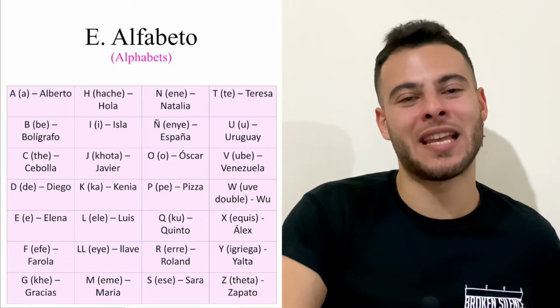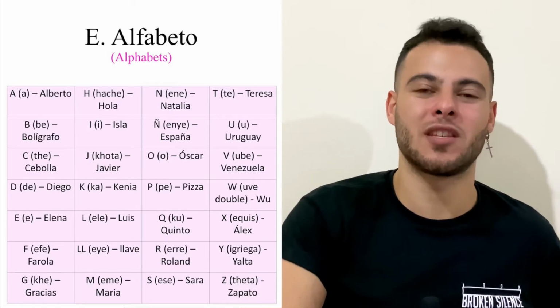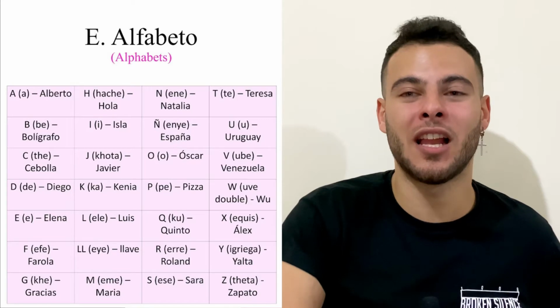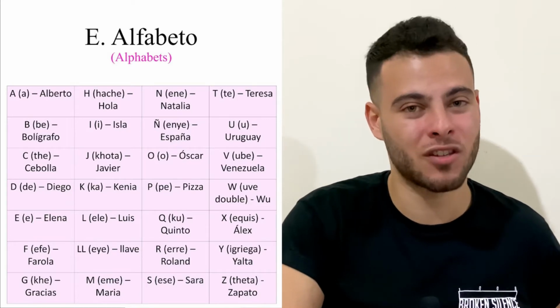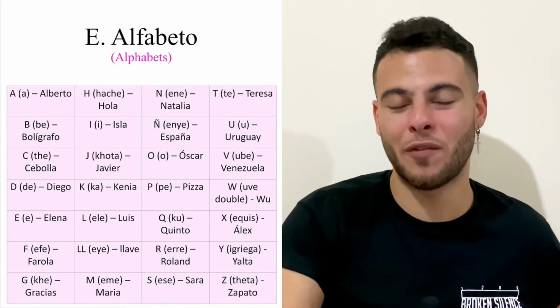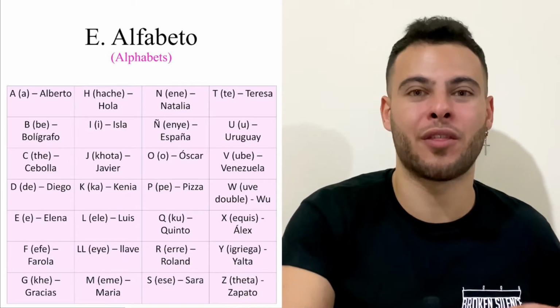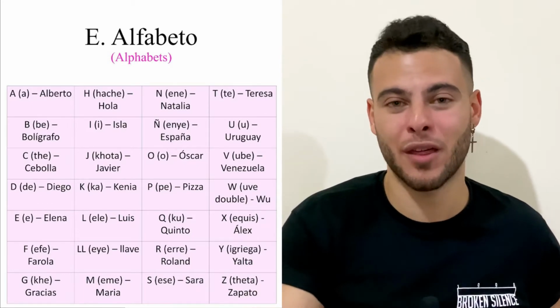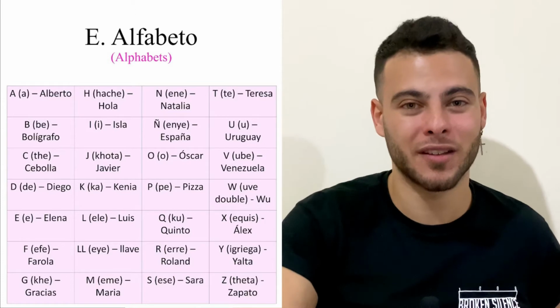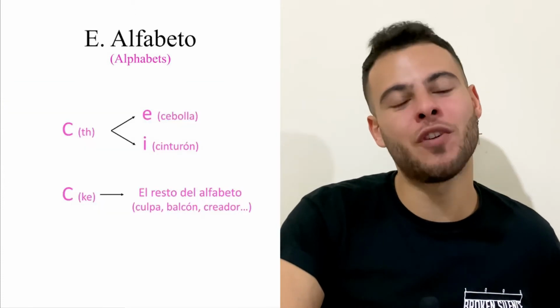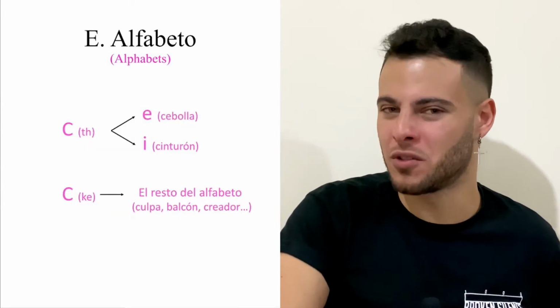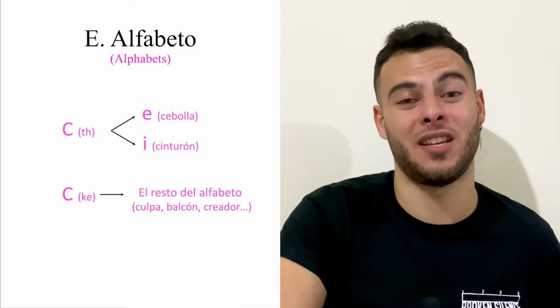The Z sound doesn't exist in Spanish. It's always a th, like the th from the verb think. So whenever you see a Z, it's always th. Zapato, zarzuela, Zaragoza.